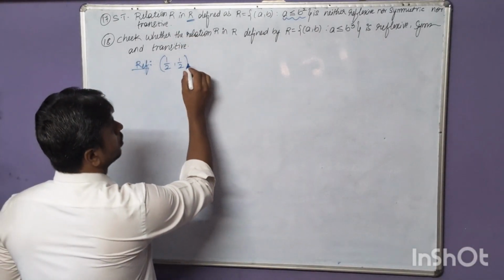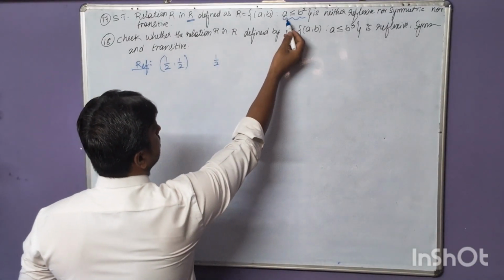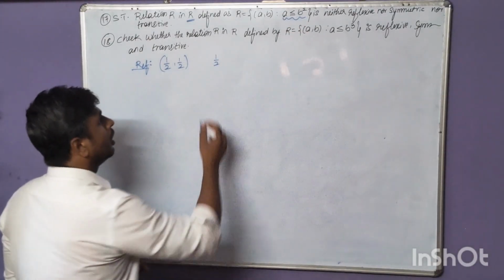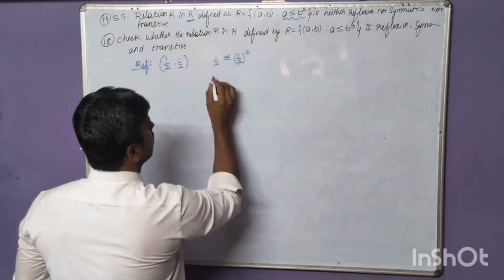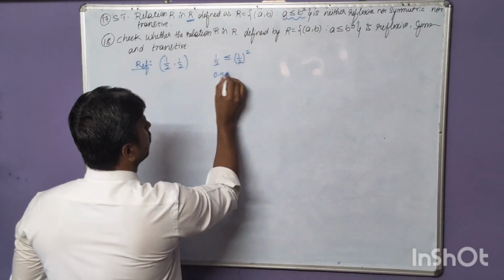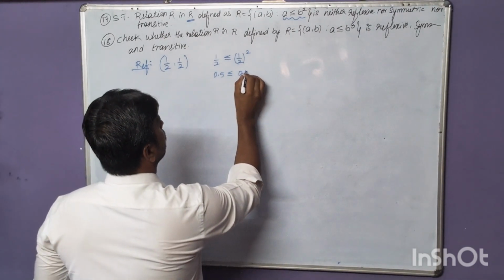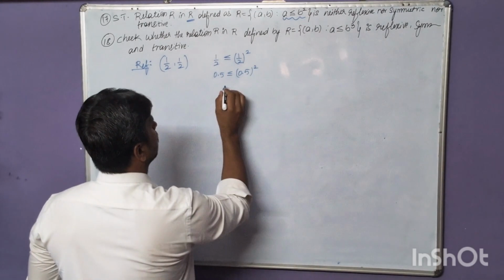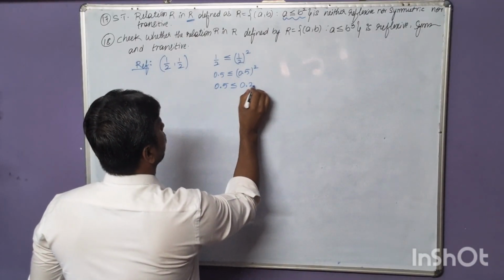Suppose (1 by 2, 1 by 2) belongs to R. The condition is given very clearly that A is less than or equal to B square. So 1 by 2 is less than or equal to (1 by 2) the whole square. The value of 1 by 2 is 0.5, which should be less than or equal to 0.5 the whole square, which is nothing but 0.25.